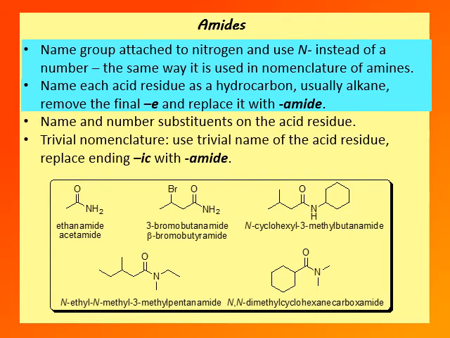To do that, we remove the final E of the name of the alkane and replace it with the suffix amide. Then we name and number substituents on the acid residue, and that's the name. For the trivial nomenclature, we use the trivial name of the acid residue and replace the suffix IC with the suffix amide.